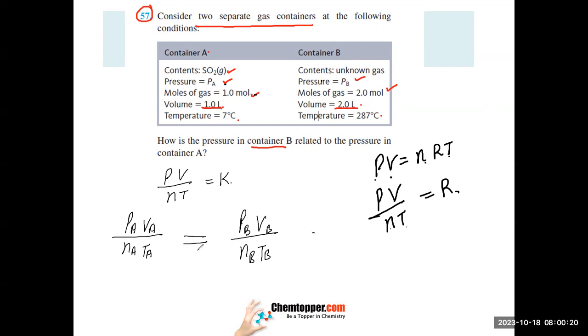Now you have to just plug in the values, VA here, NA here, take care of the units. Temperature has to be in Kelvin always. Just plug in all these values and check the relation between PA and PB.